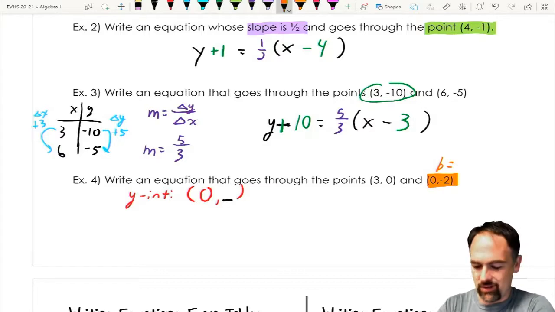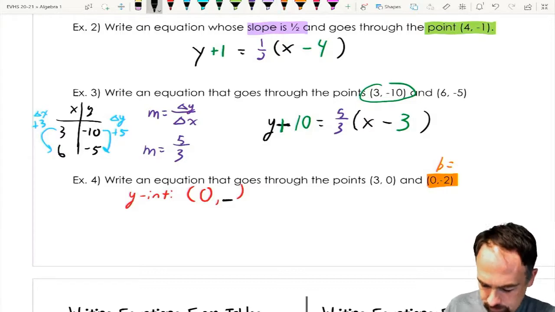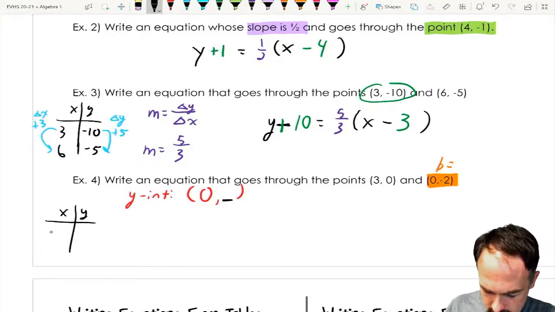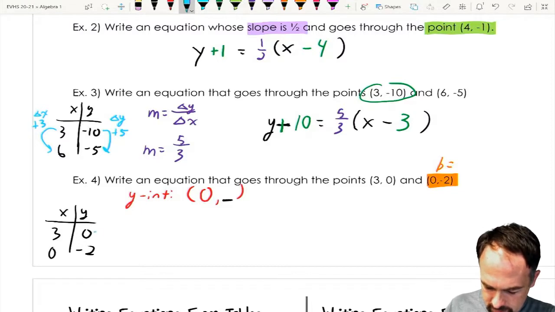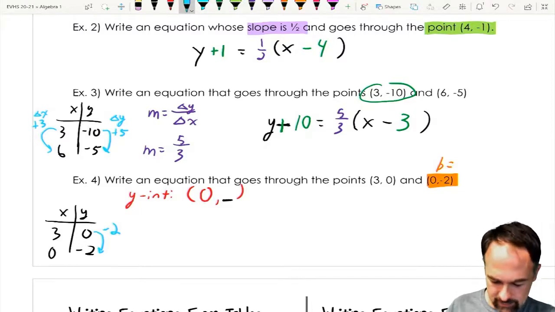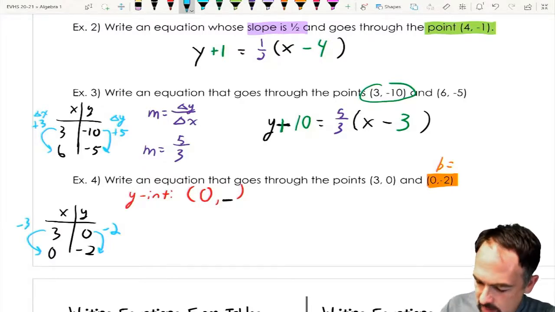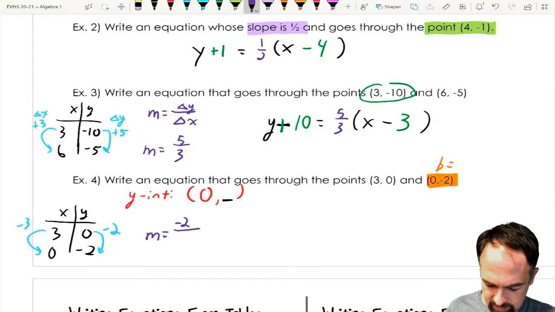But I still have to calculate slope. So I'm going to go ahead and do that. So same thing we did before. xy, 3, 0, 0, negative 2. From 0 to negative 2 is negative 2. From 3 to 0 is negative 3. Now my slope, m equals, delta y is negative 2 divided by delta x is negative 3.